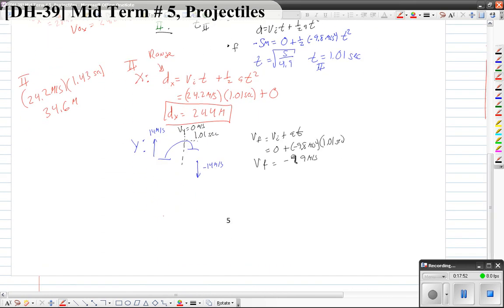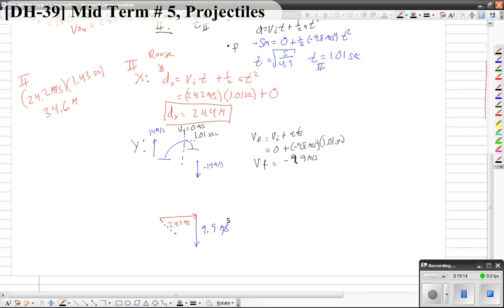A pretty simple one. But you've got an x component of velocity of 24.2 meters per second plus a y component of velocity that's going down at negative 9.9, or the arrow shows down, so I'll just write it as 9.9 meters per second.